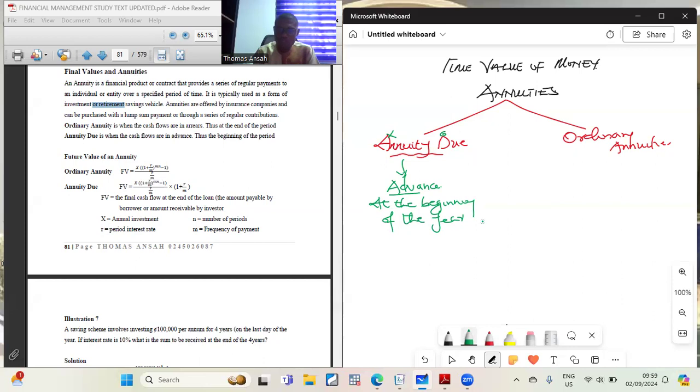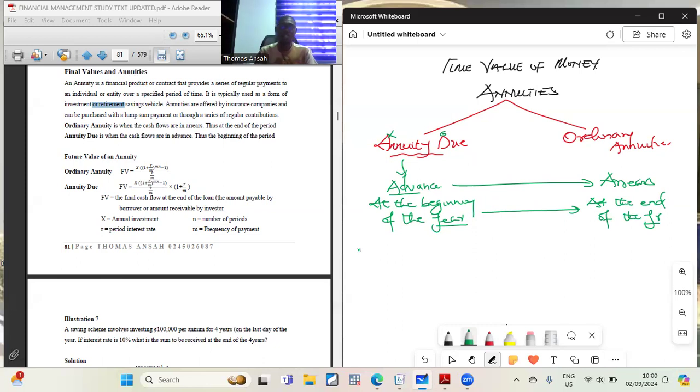Ordinary annuity. If this one is in advance, then in antithesis, this one will be in arrears. What does it mean in arrears? That means that the cash flows are at the end of the accounting period or the year. It can be year, it can be month, it can be quarterly, so it doesn't matter.